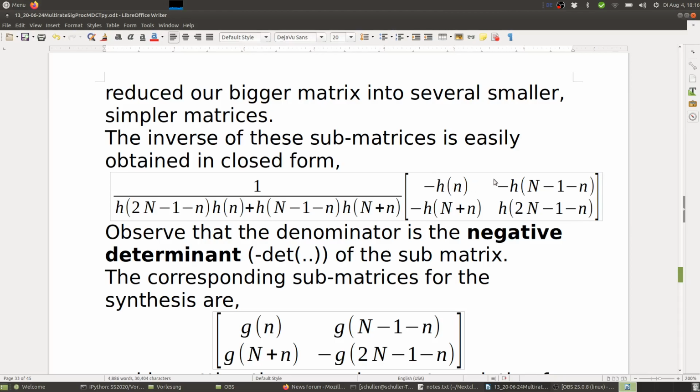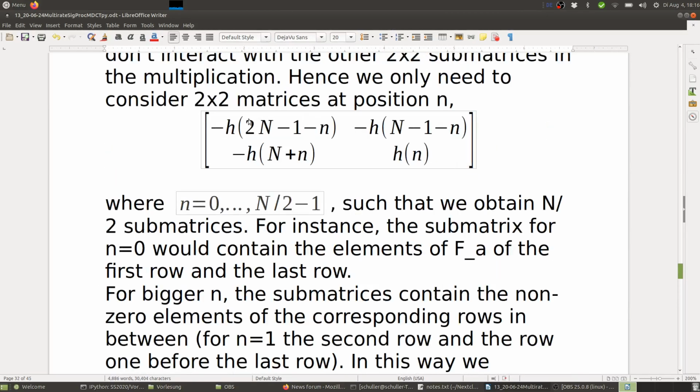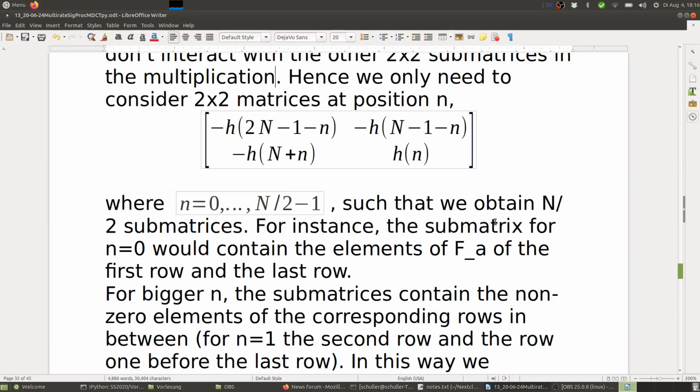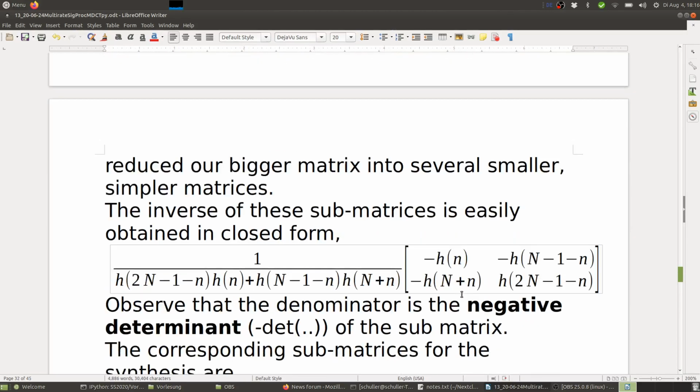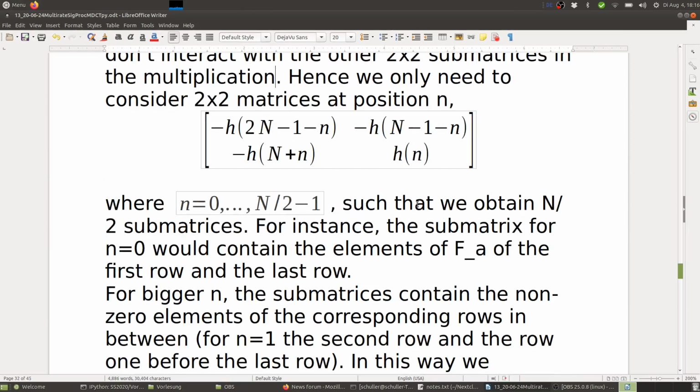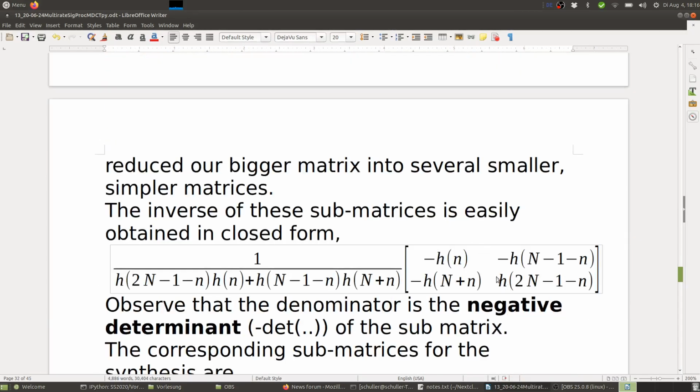Right, here you can see it. So compared to this, it almost looks the same. Here we have minus h of N minus 1 minus n, h of n. So here those two are flipped, and those two stay the same, and these two are flipped and sign changed.